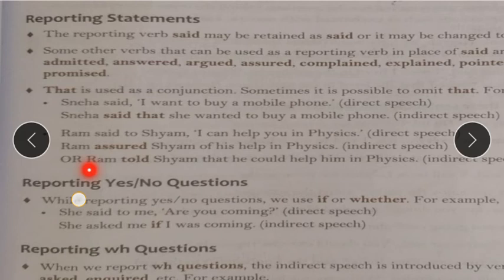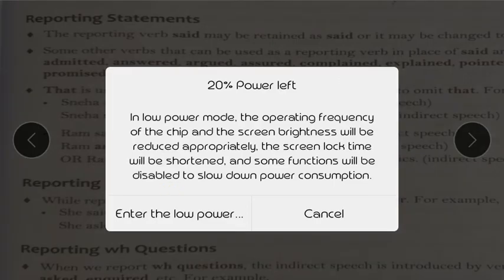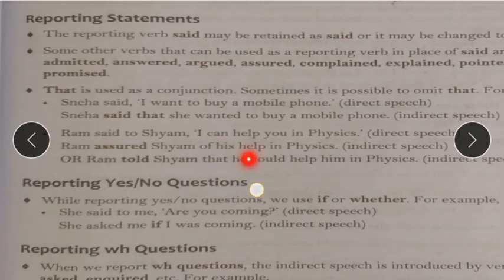So, because Ram is assuring Shyam, giving him a guarantee that he will help, Ram assured. In place of said, what word have we used? Assured. Ram assured Shyam of his help in physics. In place of I, it refers to the subject Ram, no?